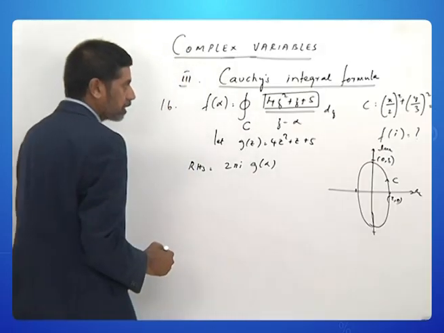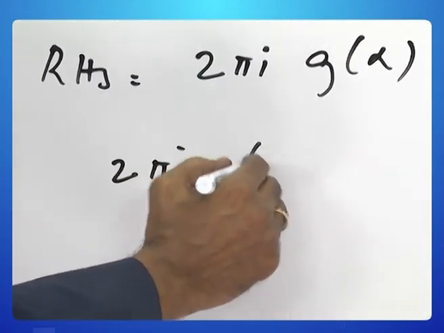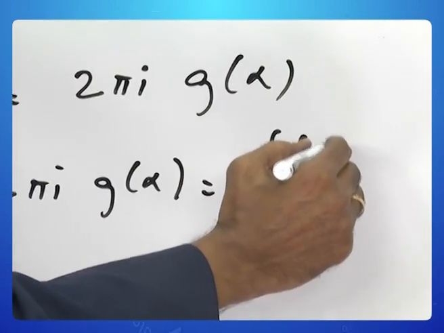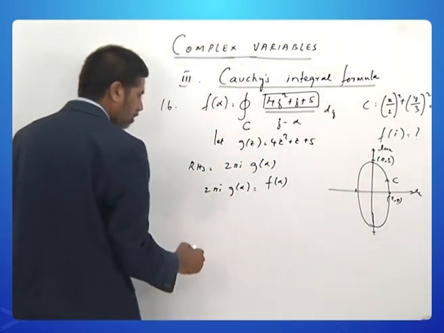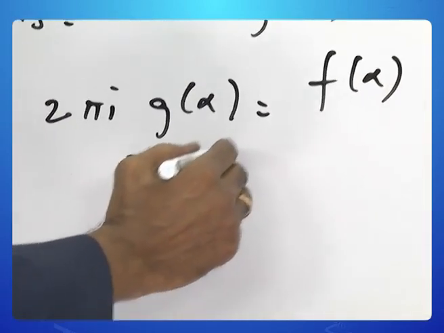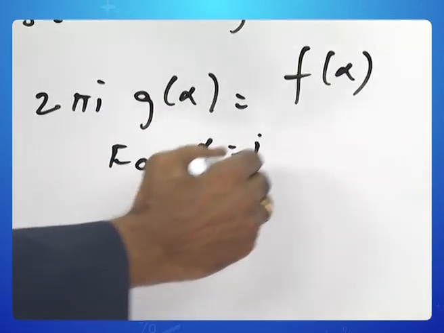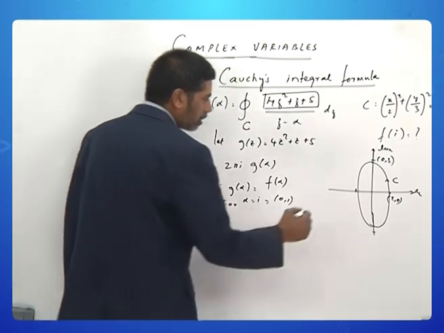This is by the Cauchy's integral formula. So 2 pi I times g of alpha is equal to f of alpha. But we need f of I. So for alpha is equal to I, which you can see is nothing but 0, 1, which is here.